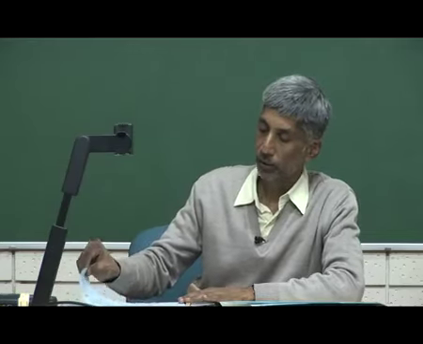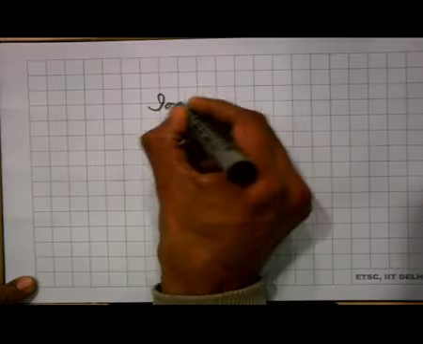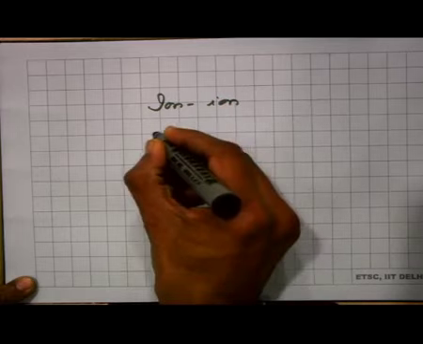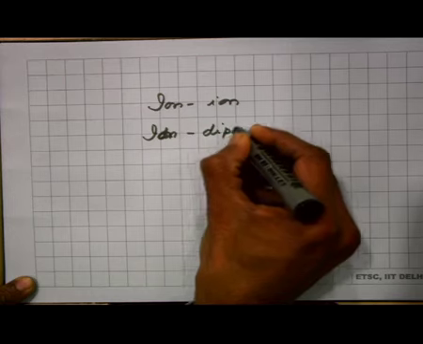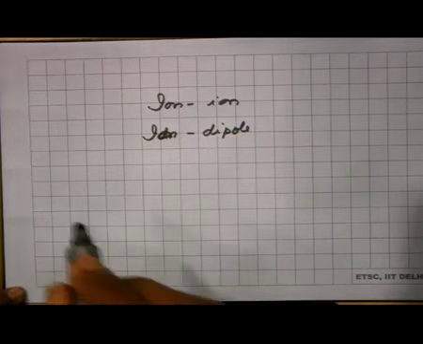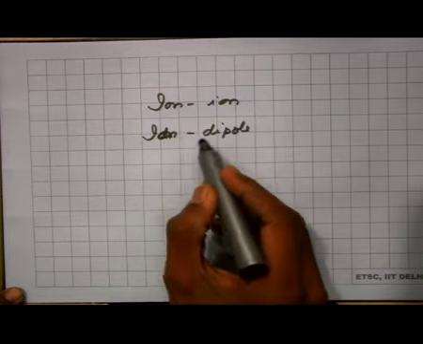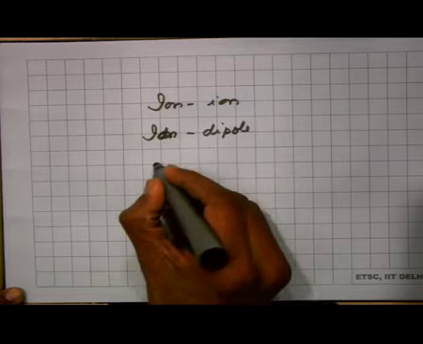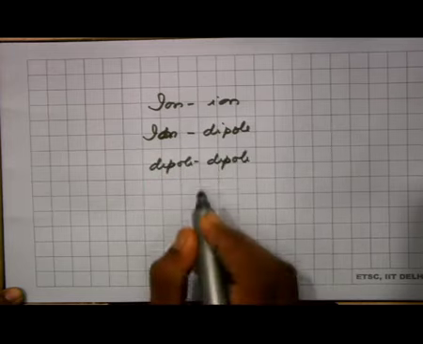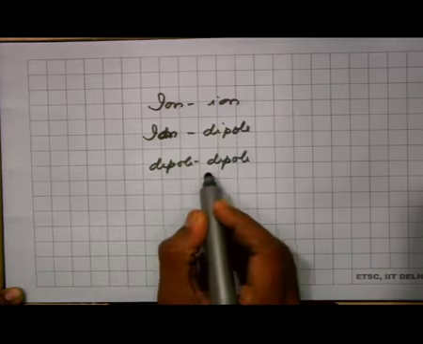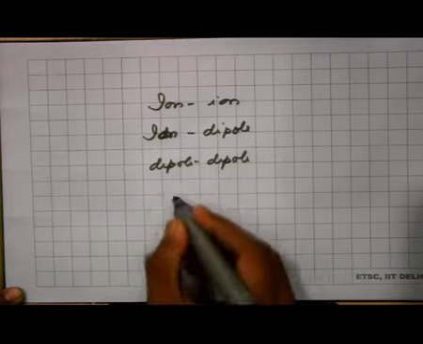So, thus far we have come across two things. We have looked at ion-ion and ion-dipole. And you remember, let us just recap from last class: ion-ion, ion-dipole, dipole-dipole, and a part like dipole-dipole is the hydrogen bond, which would come somewhere, we will not worry about this yet.